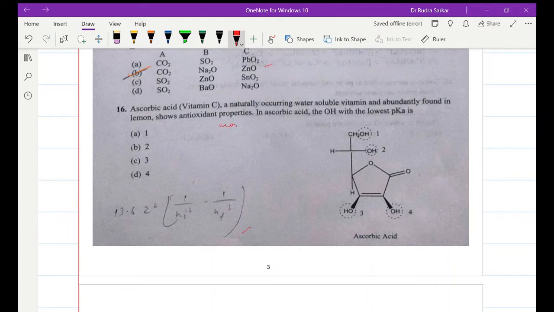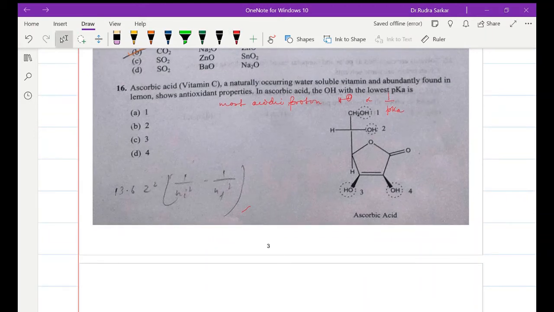We have to find out the most acidic proton. Okay, because we know H plus ion concentration is inversely proportional to pKa. Lower value of pKa means higher acidity. So over here, if we check, we have been given 1, 2, 3 and 4.